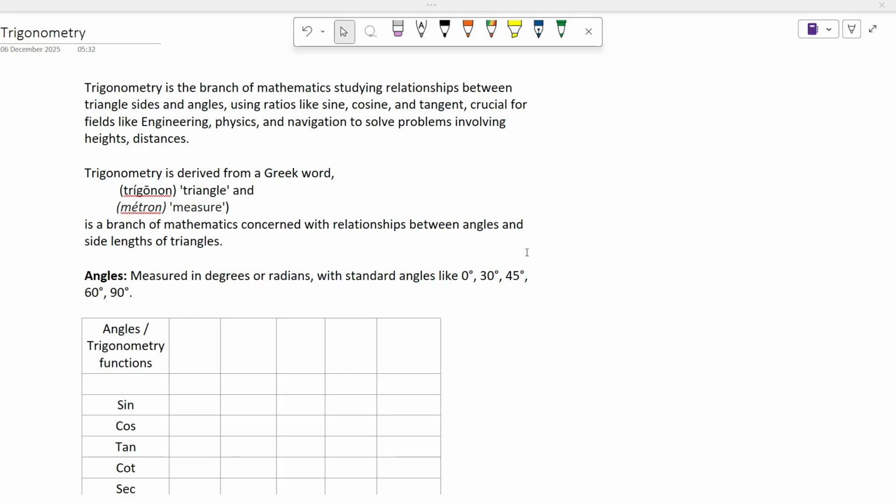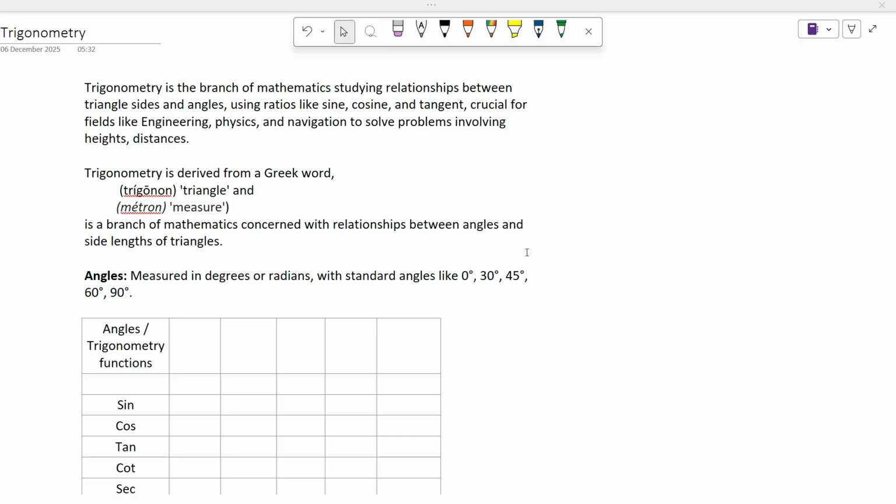It is a combination of two words, trigonon and metron. Trigonon means triangle and metron means measure. It's a branch of mathematics concerned with relationships between the angles and sides of triangles. Usually angles measured here are in degrees or in radians. For example, 0 degrees, 30 degrees, 45 degrees, 60 degrees and 90 degrees.